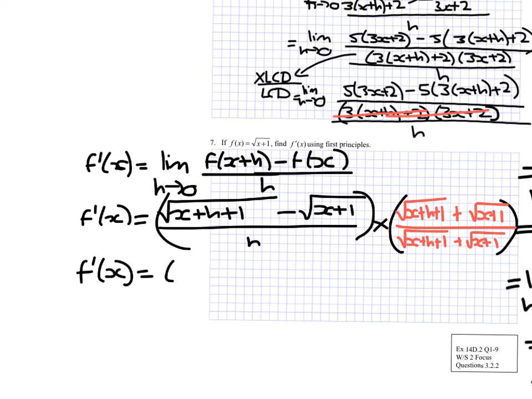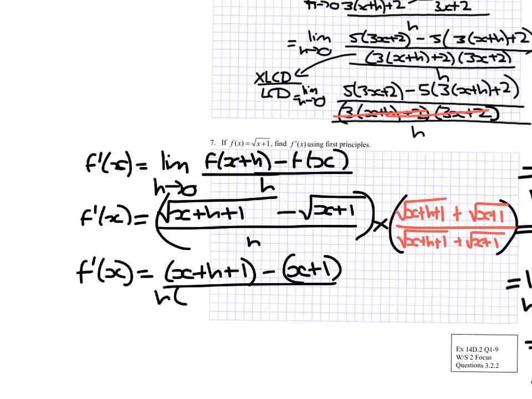And so what you get left with is x plus h plus 1, take, in this case it's just going to be take (x plus 1). Now I put it in brackets because it's really important that that negative sign stays in front of the brackets, otherwise it's going to be incorrect.